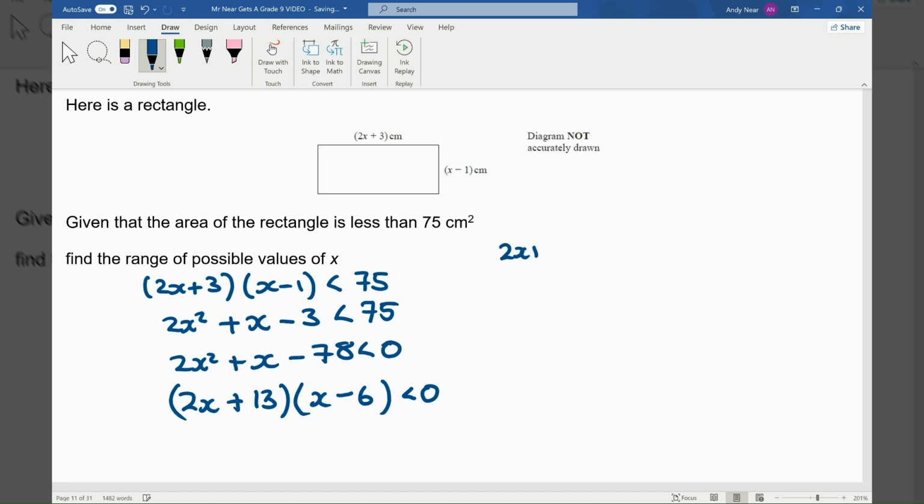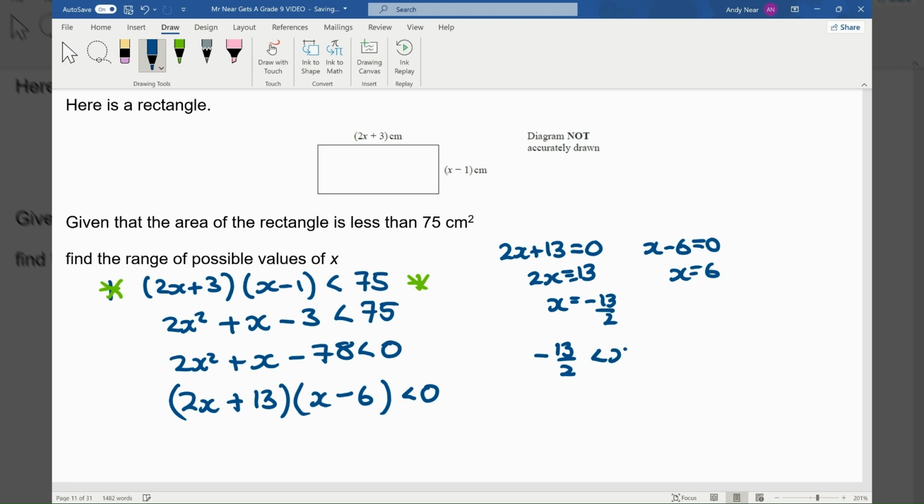So your two critical values are when 2x plus 13 is equal to 0, 2x is equal to minus 13, x is equal to minus 13 on 2, and x minus 6 is equal to 0, which happens when x is equal to 6. So the solutions to this inequality with no context whatsoever are that you need to be between minus 13 on 2, so minus 6.5, and 6.